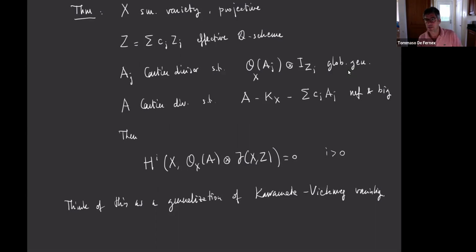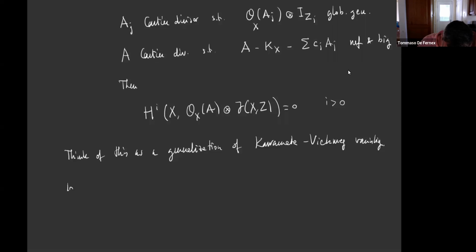The idea is that you take a log resolution to reduce to the Kawamata-Viehweg vanishing.